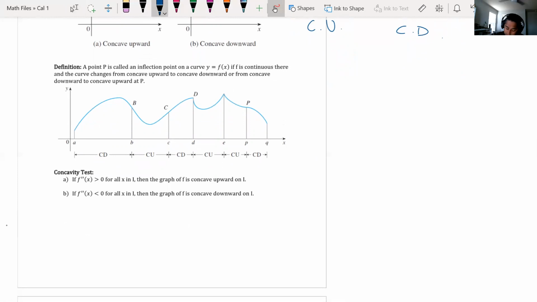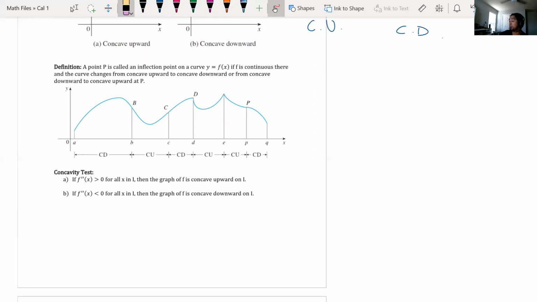Looking at this graph, this would be concave up, and that would be concave up, and that would be a little bit concave up. And if the second derivative is negative, then your graph will be concave down. This is concave down, that's concave down, and that would be concave down. Okay, so that is concavity.